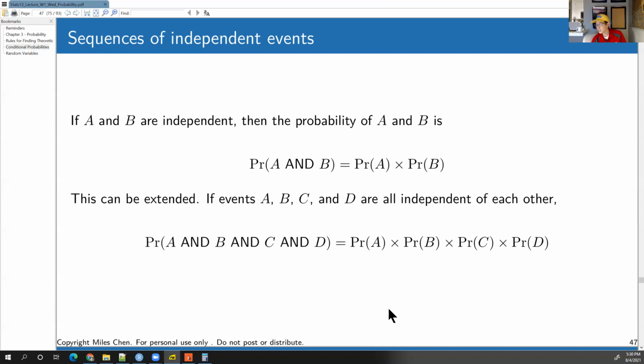And we have sequences of independent events. So we've been talking about conditional probabilities, but now we're going to say, what if you have independent events?